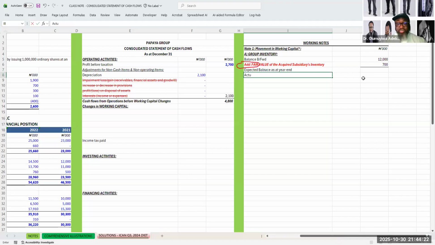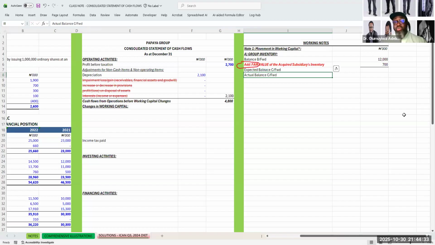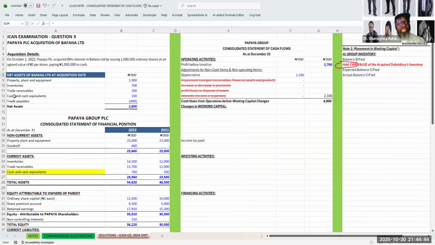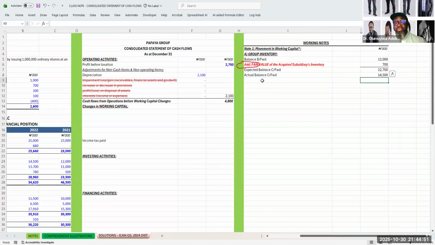Or what was my actual balance that was carried forward? My expected balance is supposed to be 12.7, but let me compare it with my actual balance. My actual balance in 2022 was 14.5.